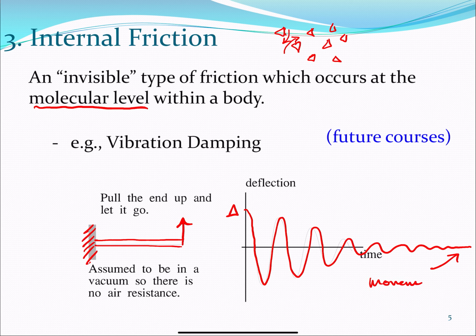And then the question will be, why did it stop? You may say, well, there is some resistance in the air, and obviously that dissipated some of the force. Yes, but these bodies will also stop moving in a vacuum, when there is no air. So there is something internal to the body.